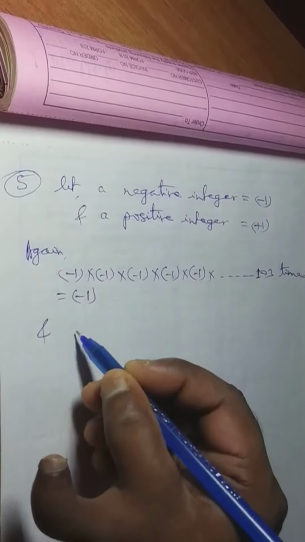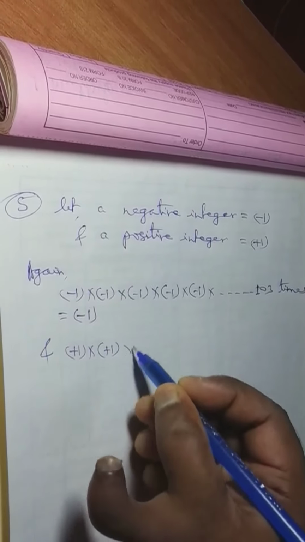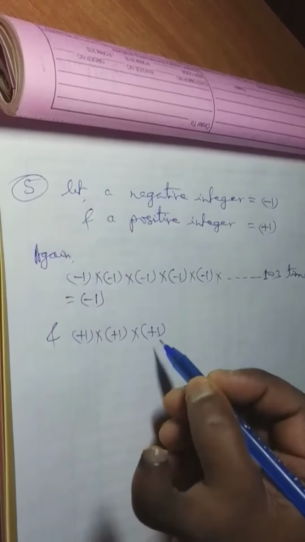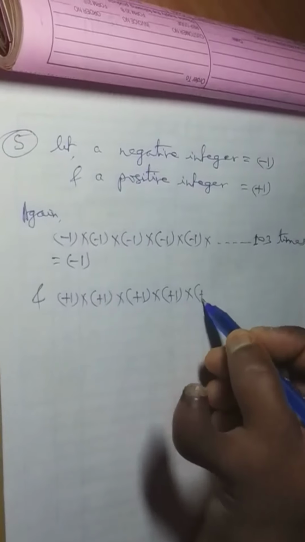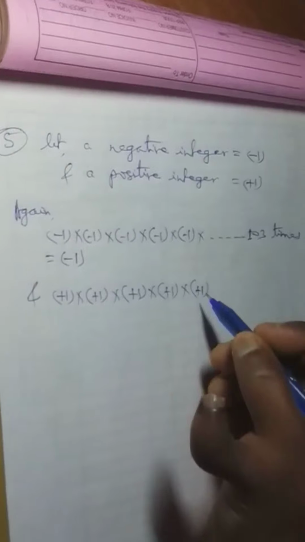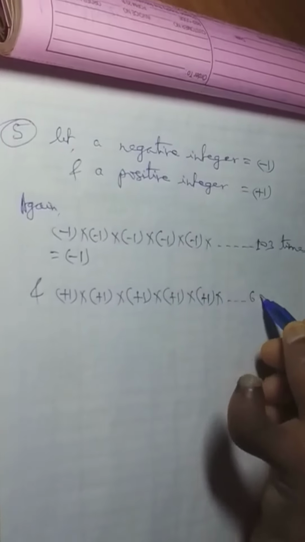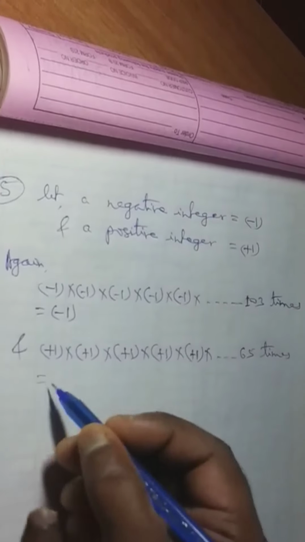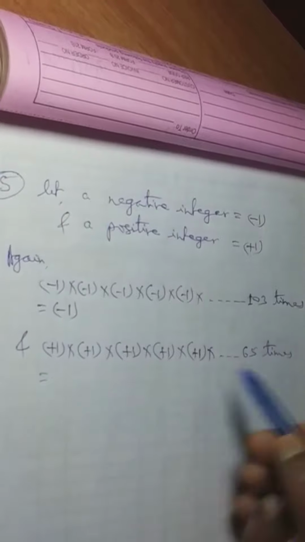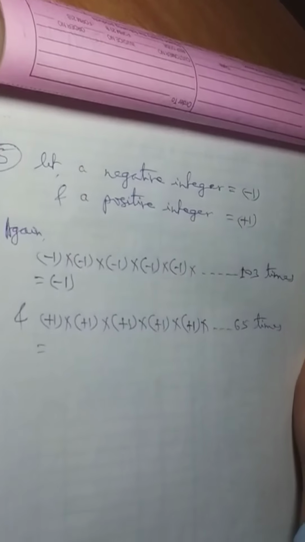And plus 1 into plus 1, this is the product of positive integers. How many times? 65 times. Plus 1 is multiplied 65 times. It means the positive sign is multiplied 65 times.